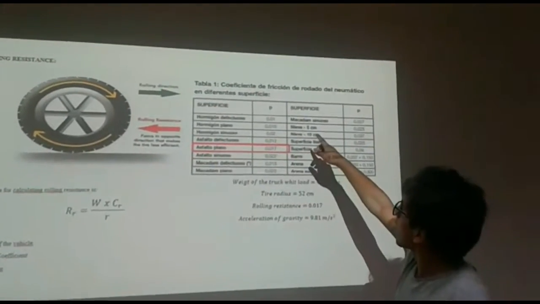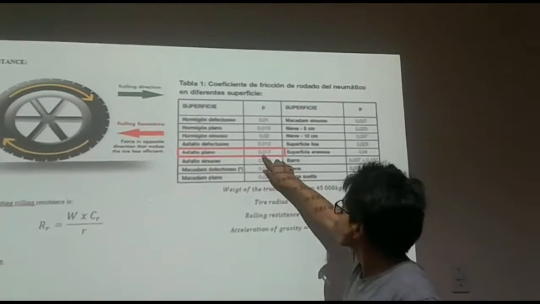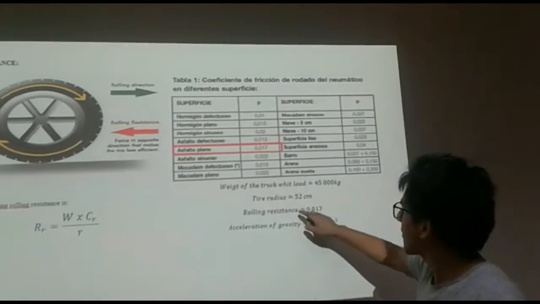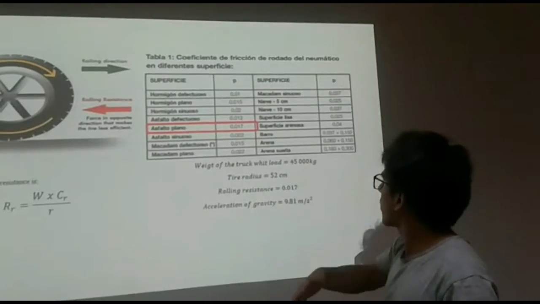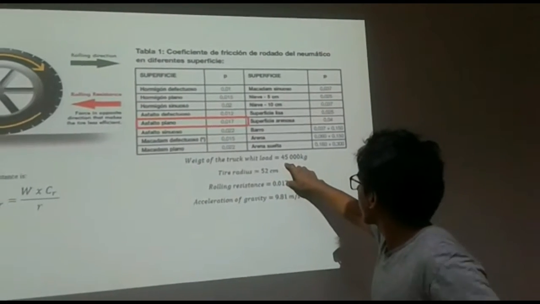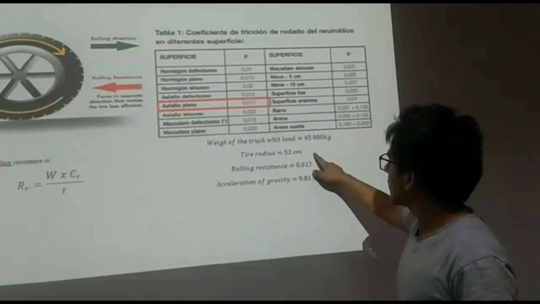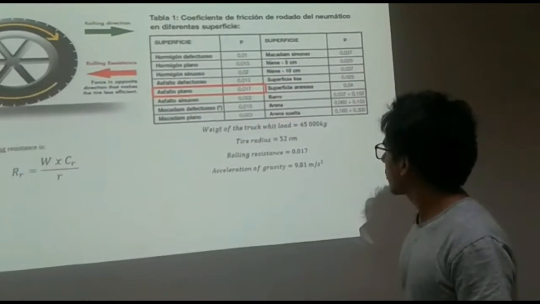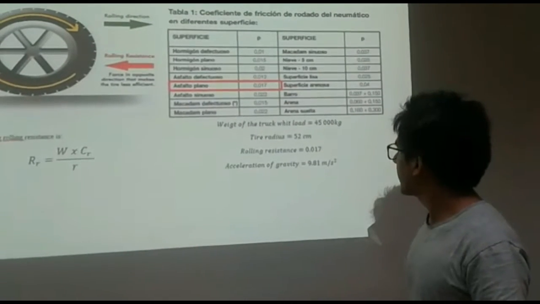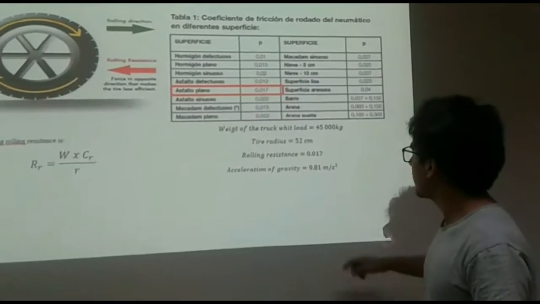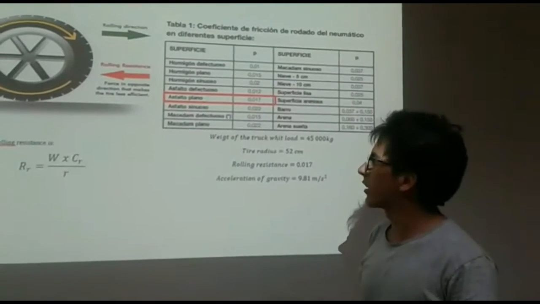Well, for selecting the coefficient of rolling resistance, we have 0.017, and the weight of the truck unloaded is 40,000 kilograms, the tire radius is 52 centimeters, the rolling resistance coefficient equal 0.017, and the acceleration of gravity equal 9.81 meters per second squared.